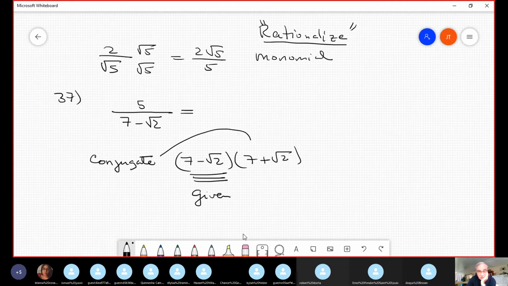The conjugate is 7 plus radical 2. It is the same number but with the opposite sign. If the given is negative, you put positive in the conjugate. In another example that we see after, if the given is positive, then the conjugate is negative. The conjugate is the same binomial but with the opposite sign.